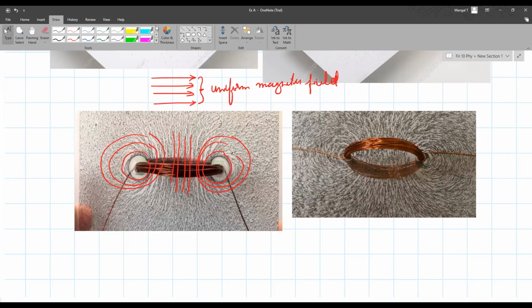A little easier diagram I'll show you. This particular diagram is a picture taken of the experiment, and it is something a little easier to follow.